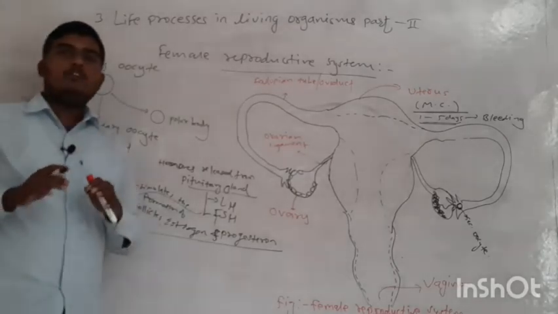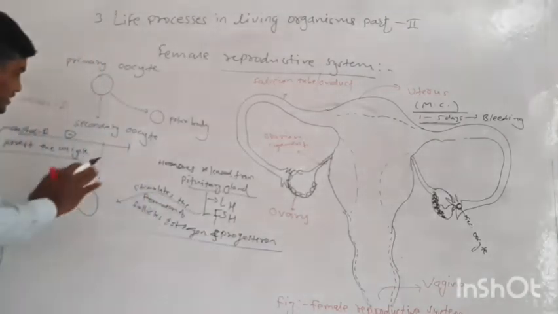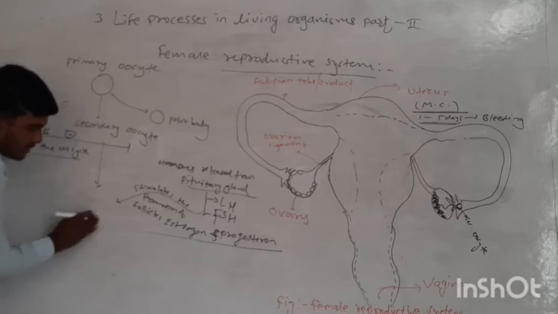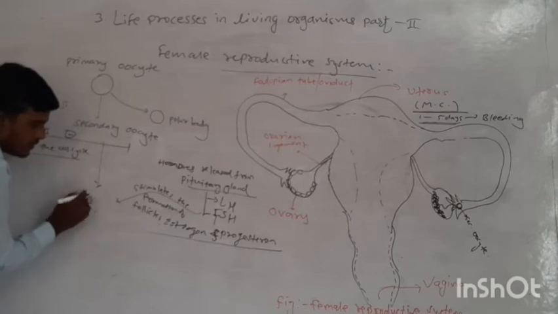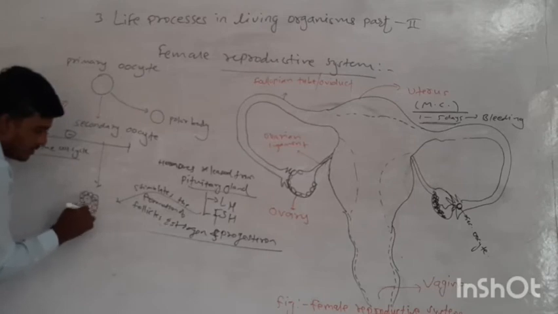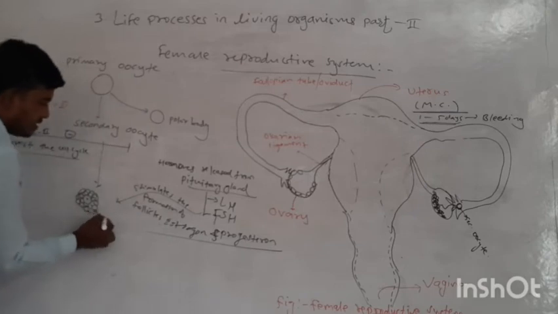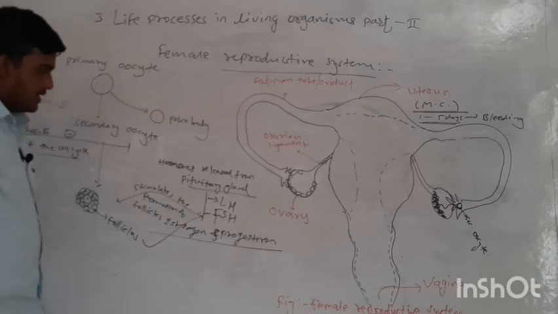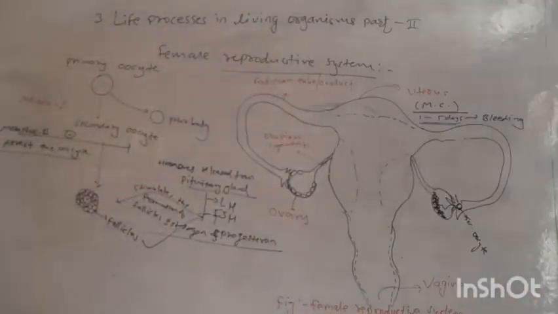Follicles are a group of cells which surround the secondary oocyte. These are the follicles formed in the presence of FSH, the follicle stimulating hormone.